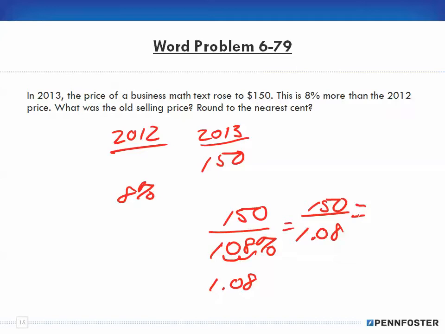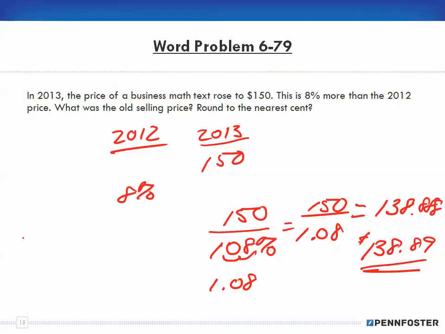When we do that math, we end up with 138.888888. We round because we're talking about dollars and cents, so we have $138.89, because we're dividing.